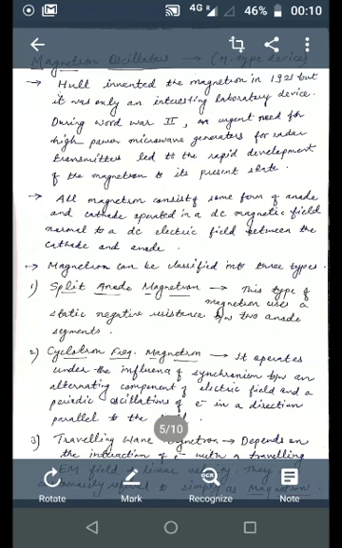They are customarily referred to simply as magnetrons. Traveling wave magnetrons can be of various types: cylindrical magnetron, linear magnetron, coaxial magnetron, voltage tunable magnetron, etc. Cylindrical magnetron is commonly used in various fields.